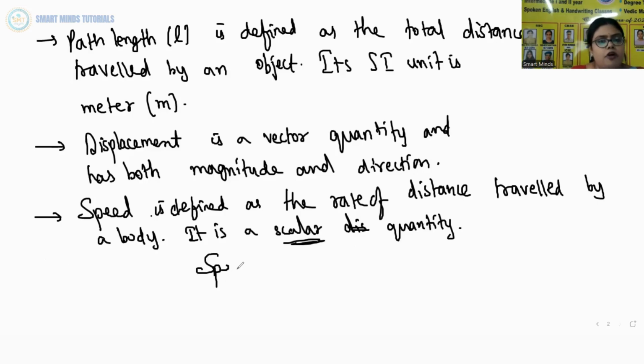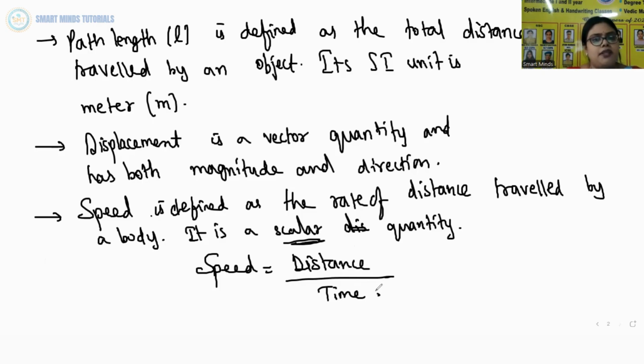And we have a formula for speed, that is distance by time. Suppose you are traveling 10 meters in 5 minutes, or you can say you are traveling one kilometer in 1 hour. So we can say 1 kilometer per hour, that is kilometer by hour.